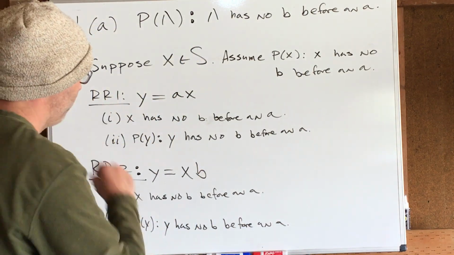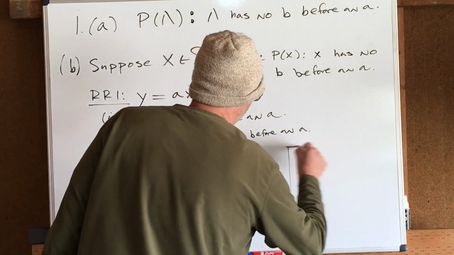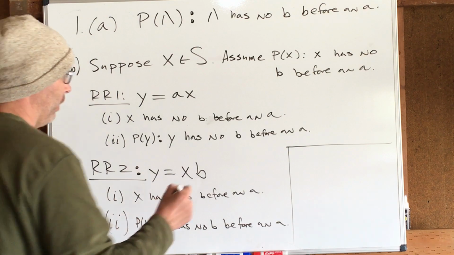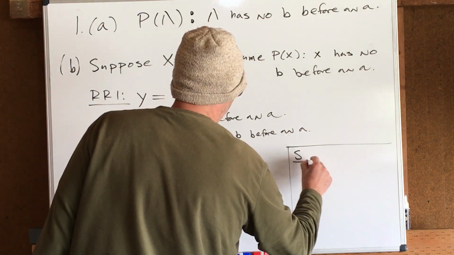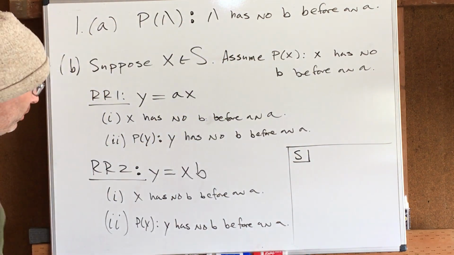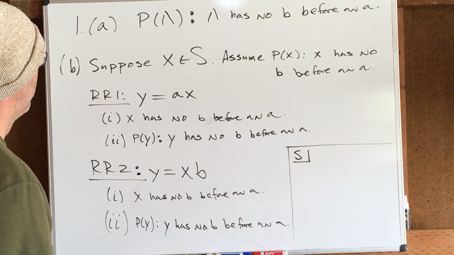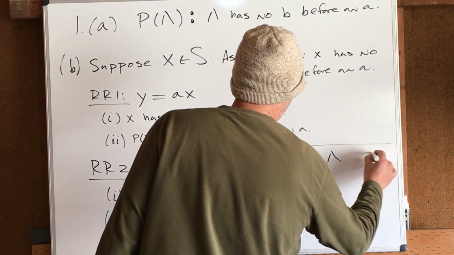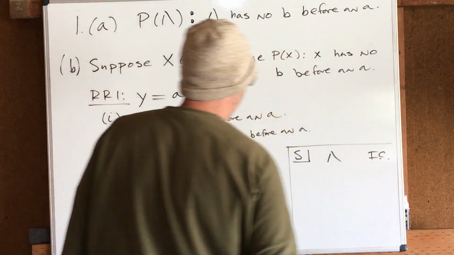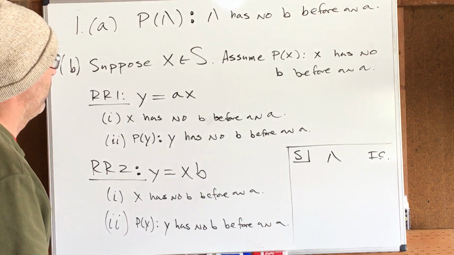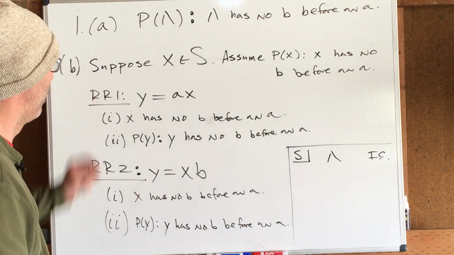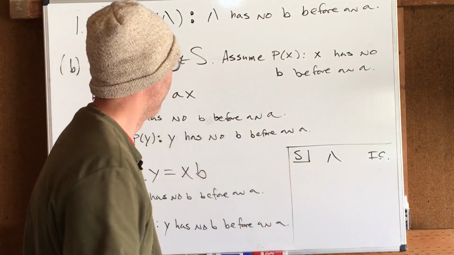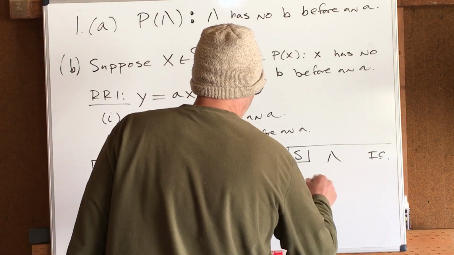Now let's think real fast about why this is true. If we were to create some of the strings in S, our initial case would be lambda. Notice there's no B before an A, because there's nothing there.